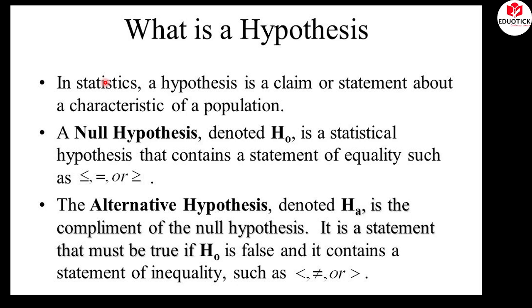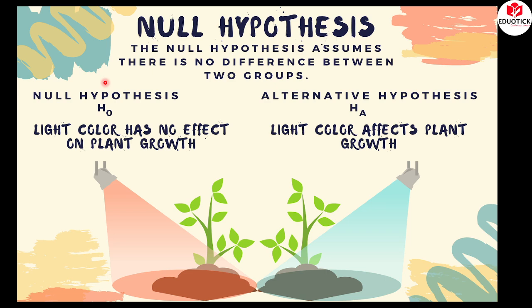It is a statement that must be true if, after testing, we find the alternative hypothesis is true. Then the null hypothesis must be false, because it's the opposite, right? So the alternative contains a statement of inequality.